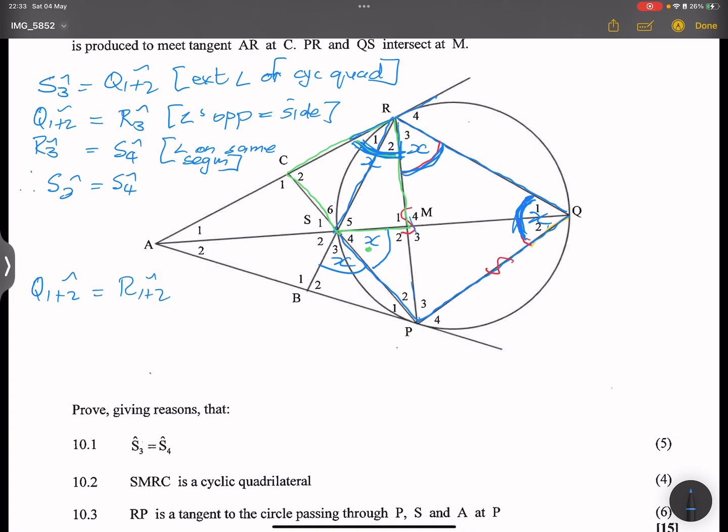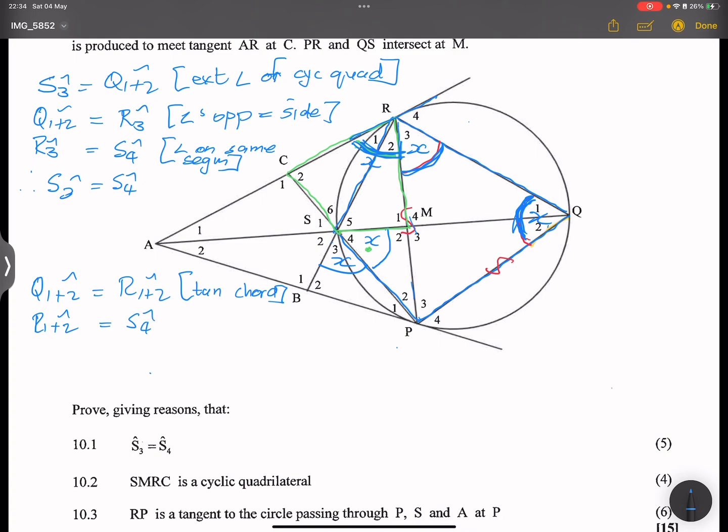Okay. And in this case, we said this is the converse, not the converse rather. This is the tan-chord theorem. Okay. And so in this case, that means that R1 plus 2 is therefore equal to S4.